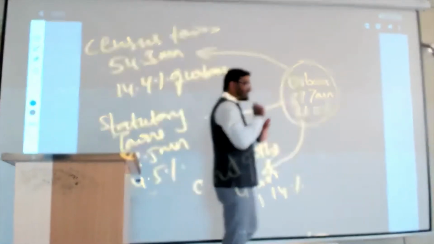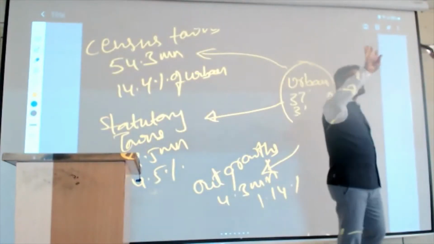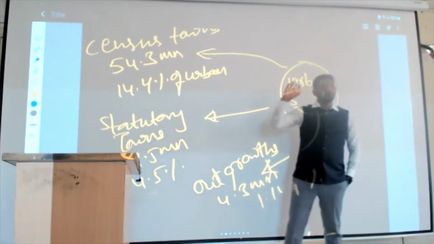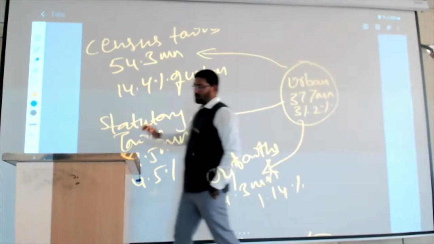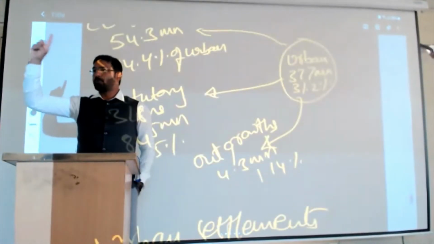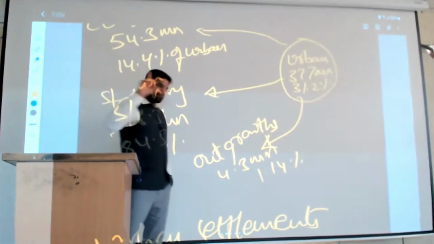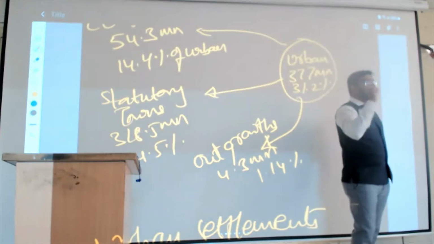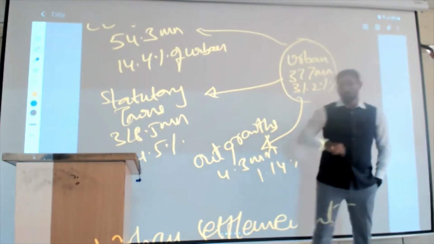And its population density should be more than 400 persons per square kilometer. So remember, the second criterion for calling any town a census town. The first criterion is that the population should be greater than 5,000. The second is that the population density should be greater than 400 persons per square kilometer.